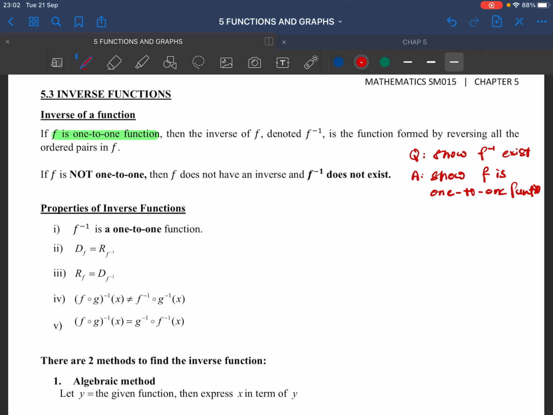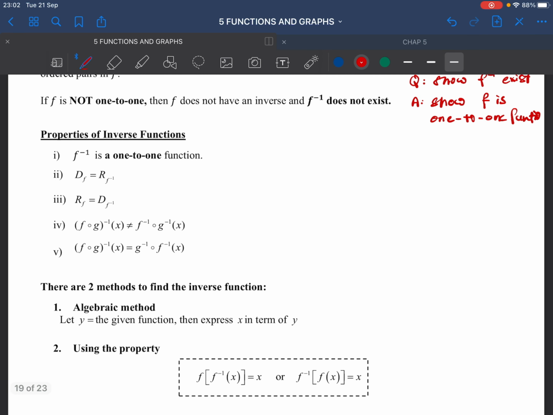Apa tu one-to-one function? Back to the first subtopic, which is ada dua cara, algebraic dan juga by using graphical method. If f is not a one-to-one function, then f inverse does not exist. Maksudnya tak ada f inverse lah.